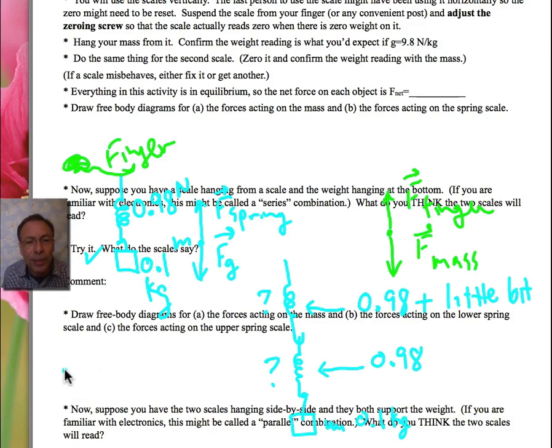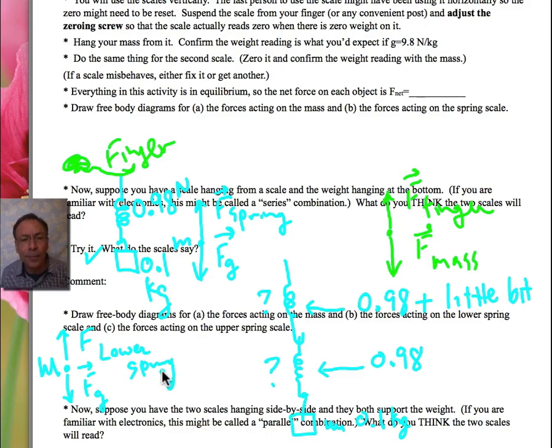The first free body diagram is going to be for the mass, m, and you have its weight, F sub g, and you're going to have the force holding it up. The lower spring is holding up the mass, so we're going to have F lower spring holding it up.